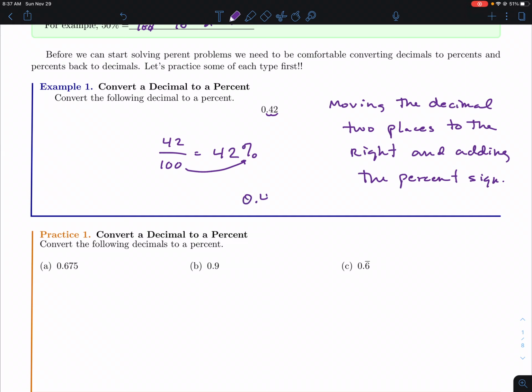So 0.42, if I move this 2 places, is going to put the new decimal point after the 2. And since there's no other number, I don't actually have to put the decimal point. But then we add the percent sign to it. So 0.42 is the same thing as 42%.